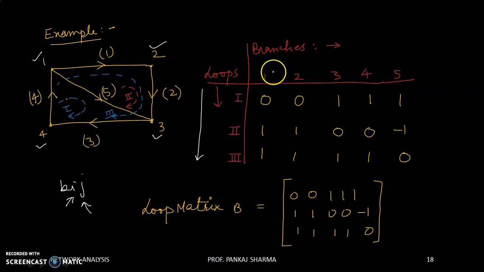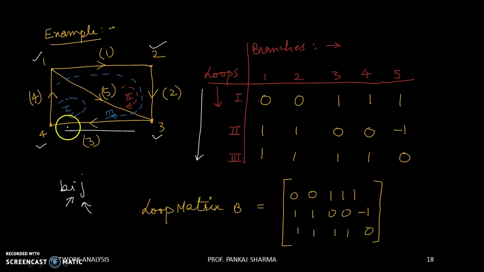Now see, loop 1, branch 1. Where is branch 1? This is branch 1. Branch 1 and loop 1 are not at all connected, so it is 0. Branch 2 and loop 1. Branch 2 is not in loop 1, so it is 0. Branch 3. See this branch 3.